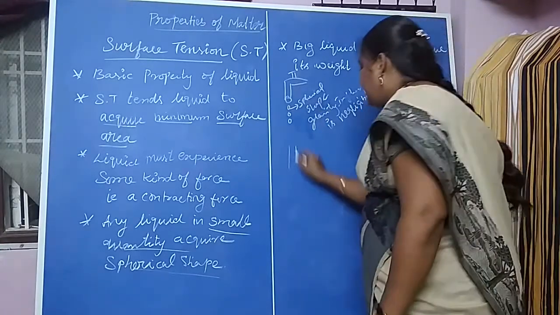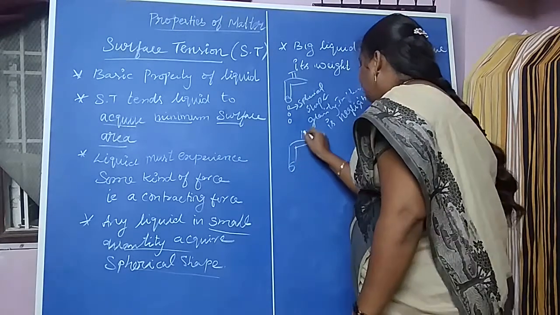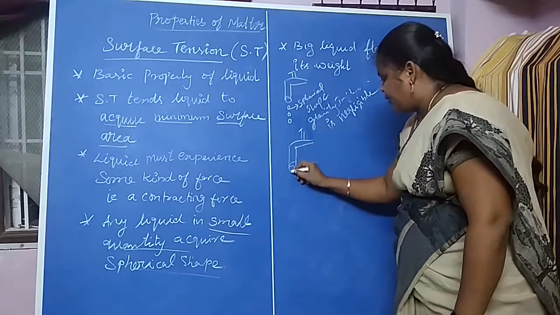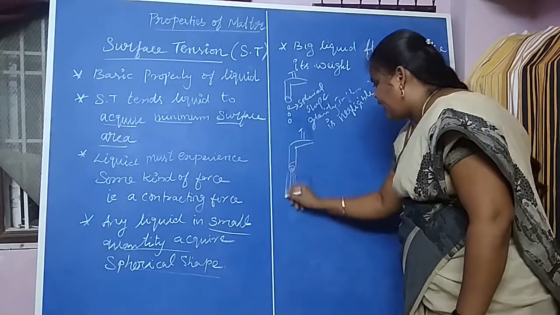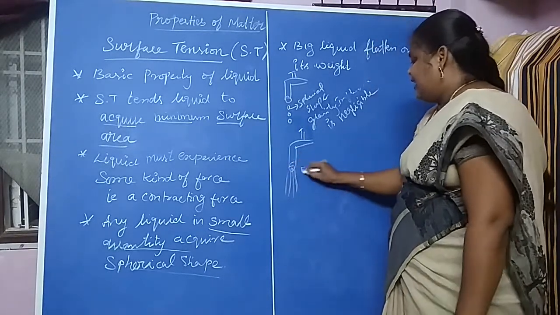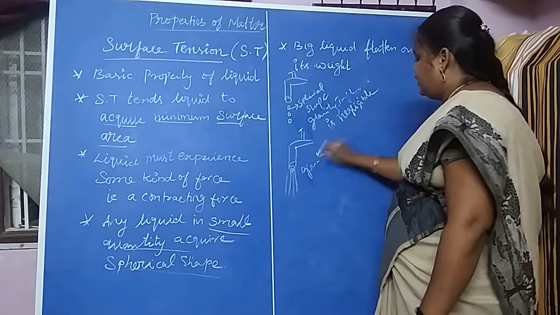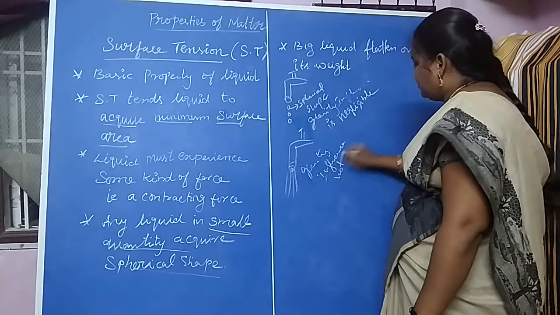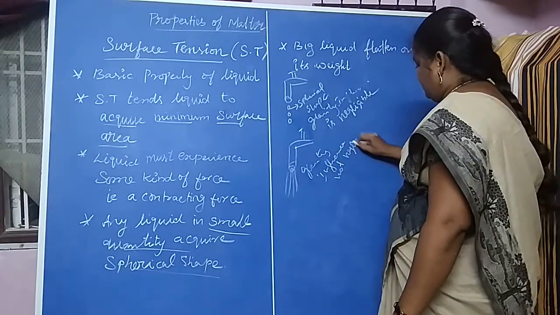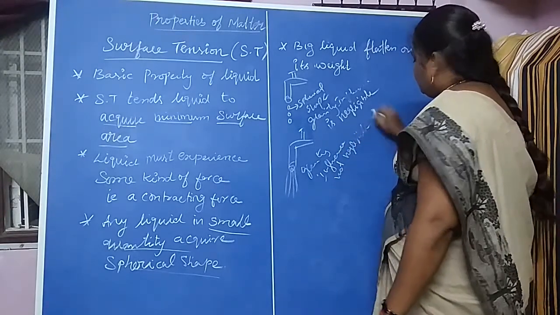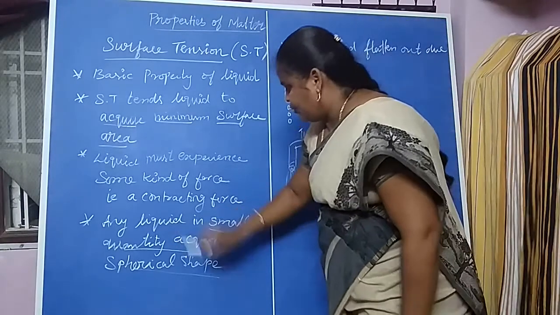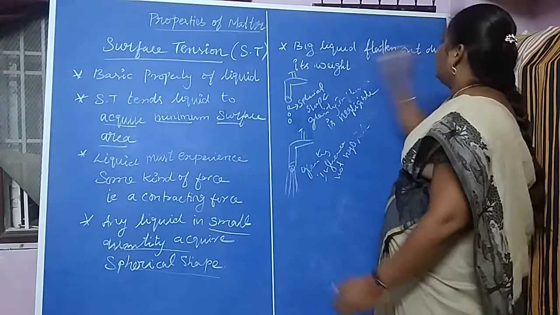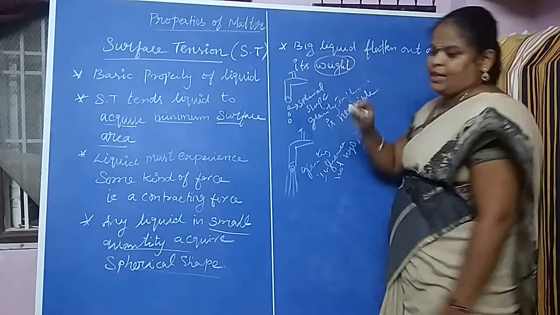Whereas, again consider a tap. If you release a big quantity of water from the tap, it will flow like a flattened liquid. Here, the gravity influence is not negligible. So hence, a small liquid will acquire a spherical shape, and a big liquid gets flattened out due to its weight.